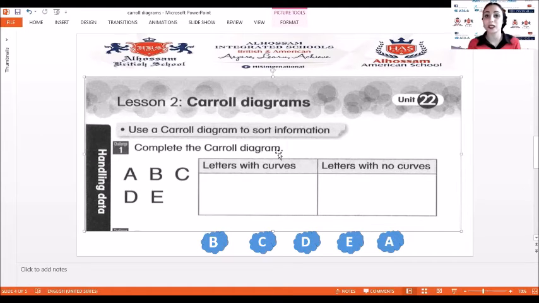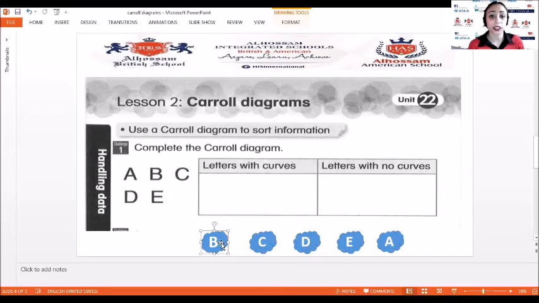Now we have two groups. The first one, letters with curves, and the second one, letters with no curves. Here I have some letters: A, B, C, D, and E. Let's check the first one. Letter B has one straight line and two curves, 1, 2.